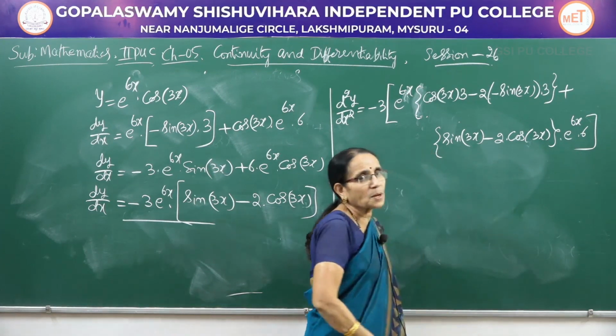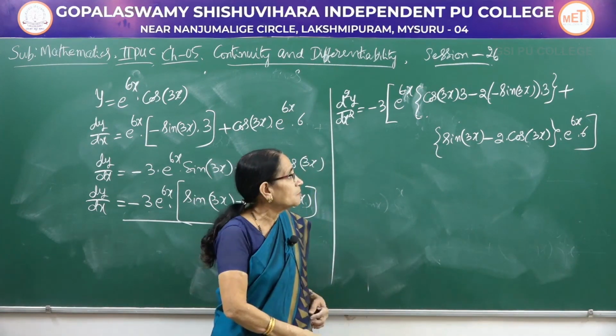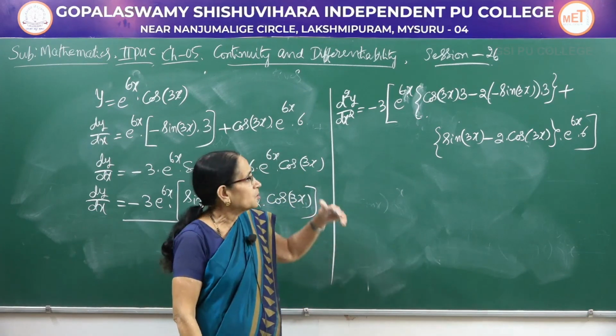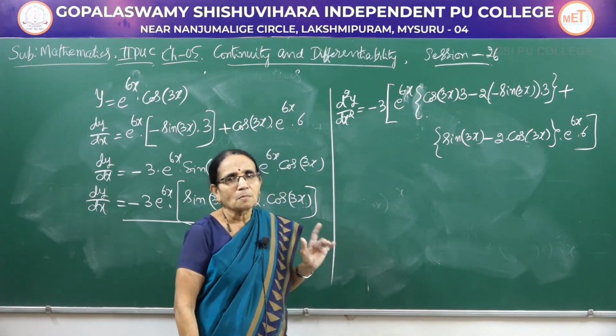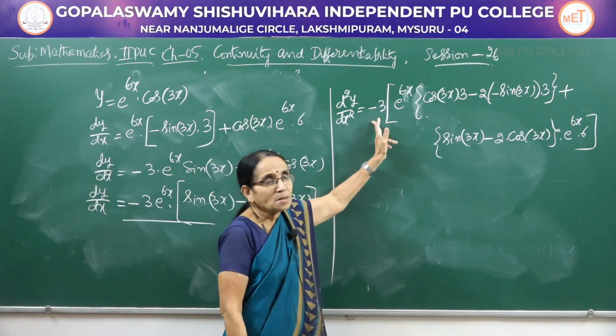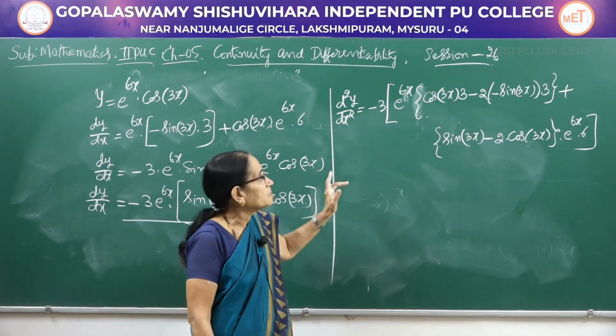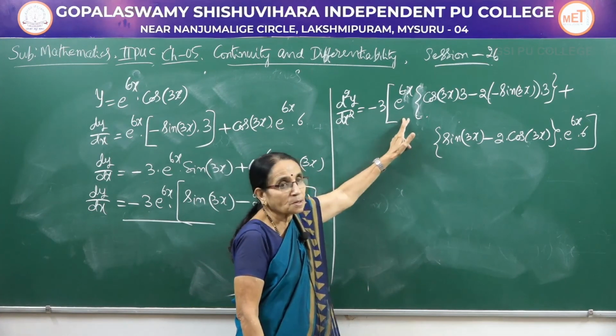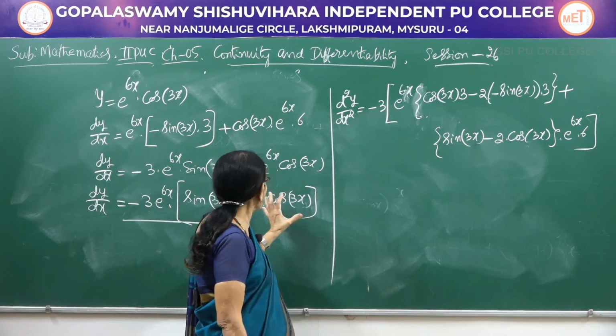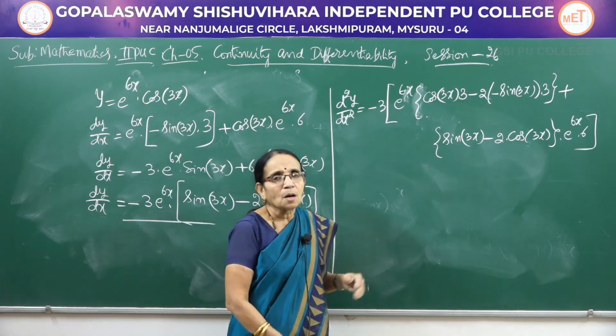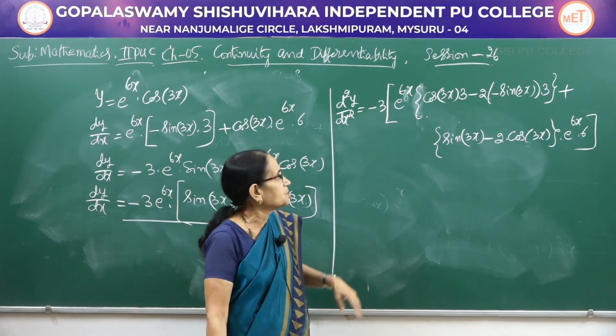Close the square bracket. Be careful when you write the different brackets when you are having negative terms and all. The reason is here minus 3 is applicable to all the terms here. So I have written minus 3 outside. Now the e power 6x is the first function, the other one in the square bracket is the second function, which I have applied the product rule and differentiated.